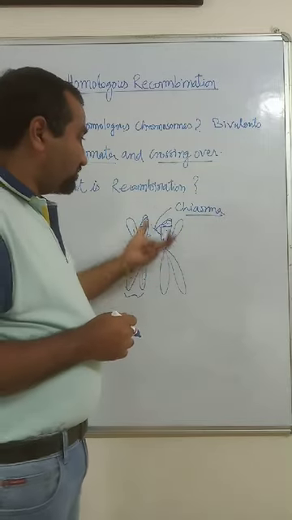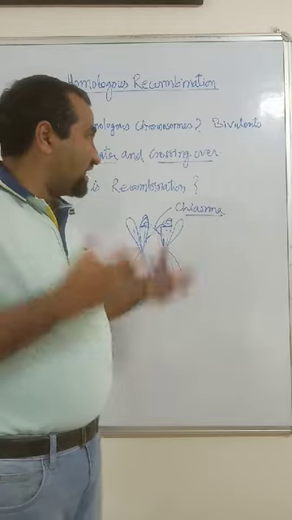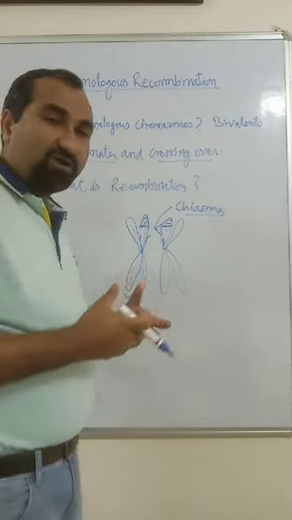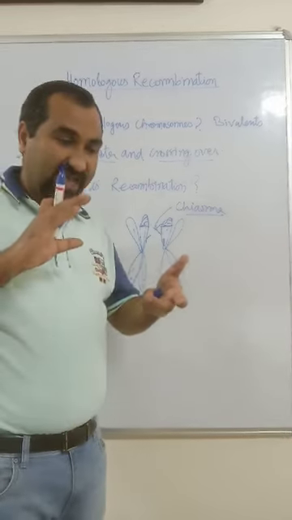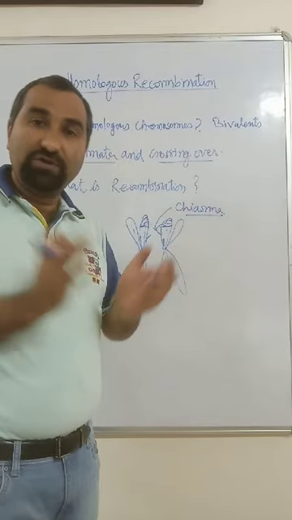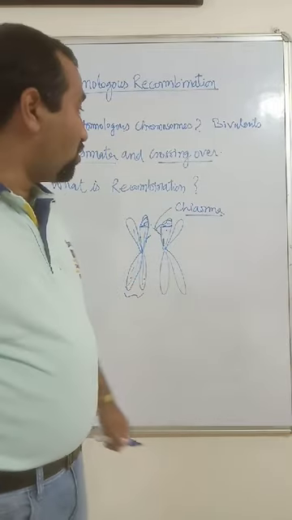So ultimately, through the chiasma formation, both chromosomes have exchanged some part of their genetic material. This process of exchange of genetic information between homologous chromosomes is known as crossing over.